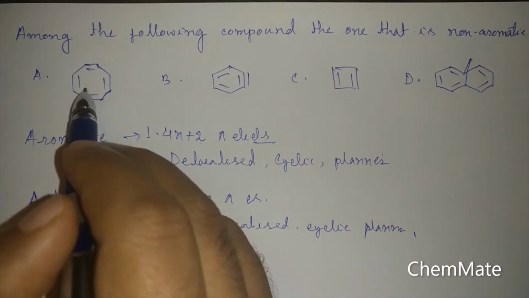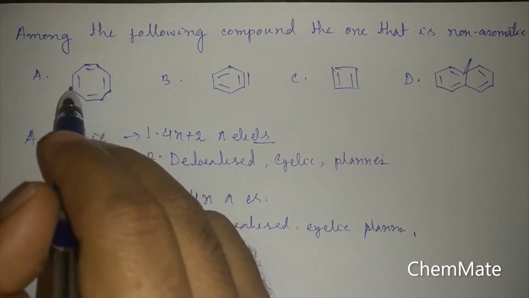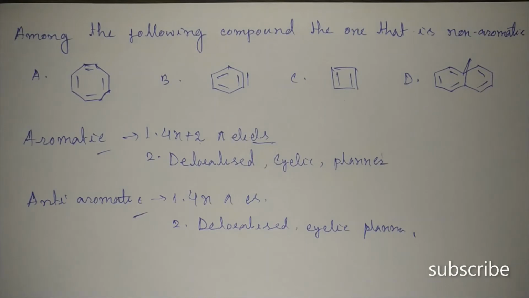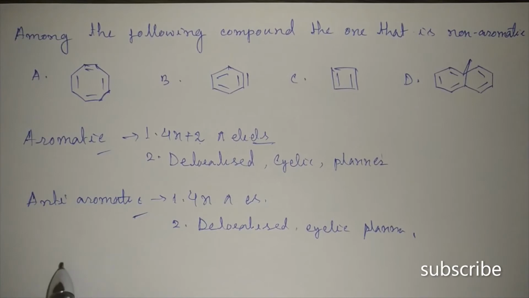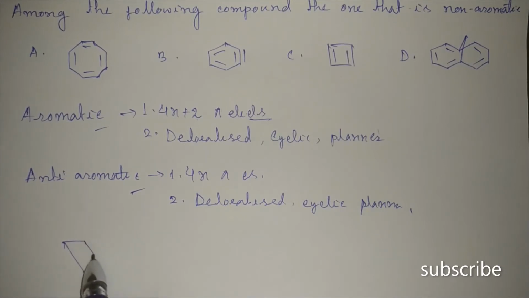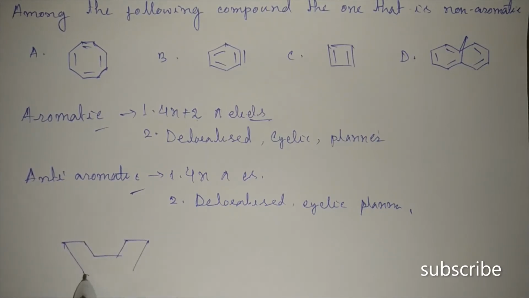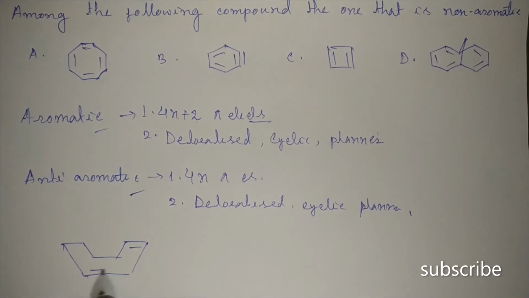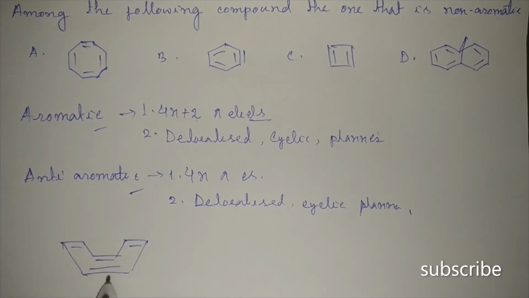But as anti-aromatic compounds are very unstable, to avoid anti-aromaticity it gets puckered and becomes tub shaped, that is, the shape of this compound is like this, so that it does not remain planar, so the compound will not be anti-aromatic. This is a non-aromatic compound.